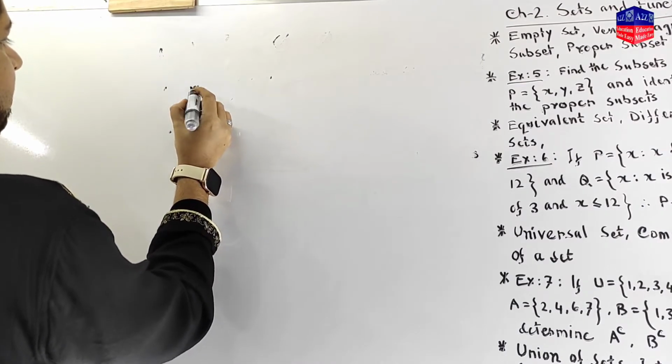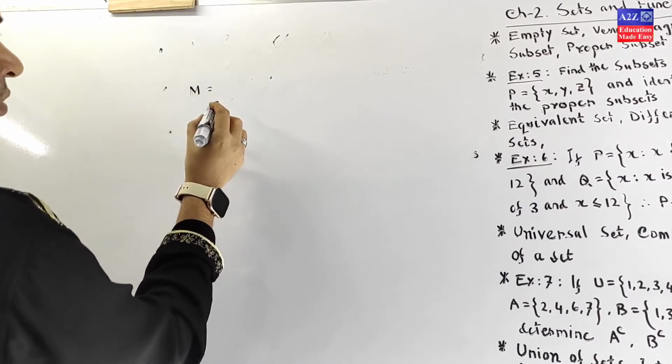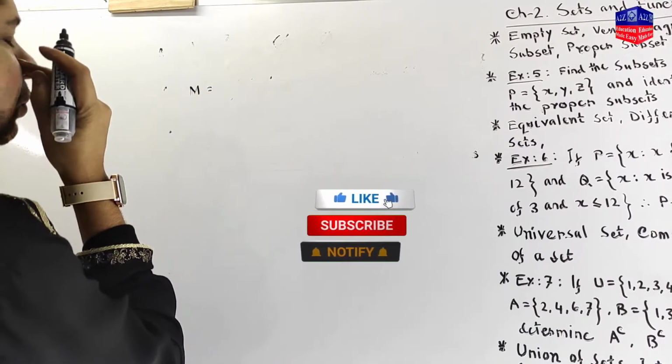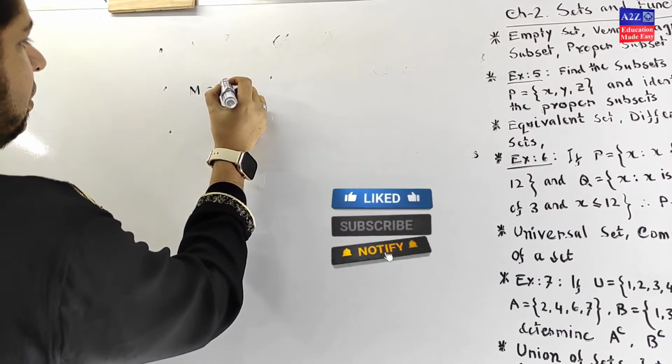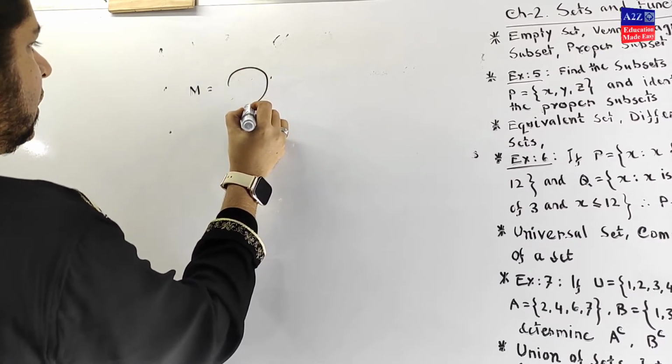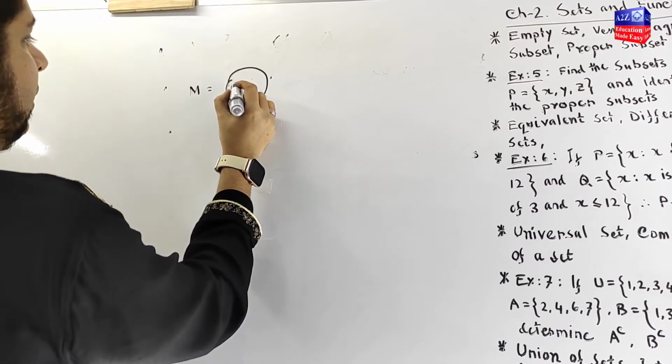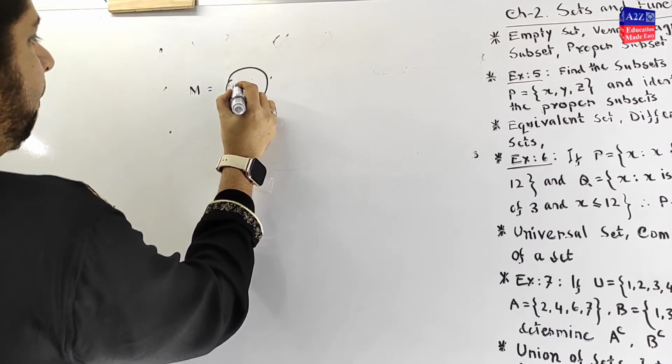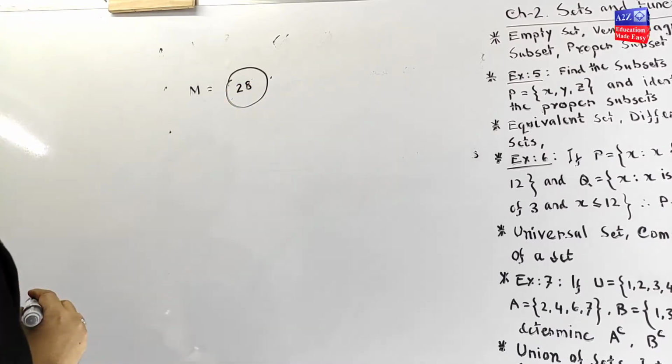M is a set of the number of students of a class, which is defined as a circle, where in the class there are 28 mathematical students.